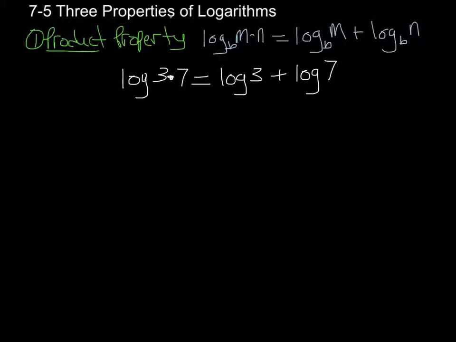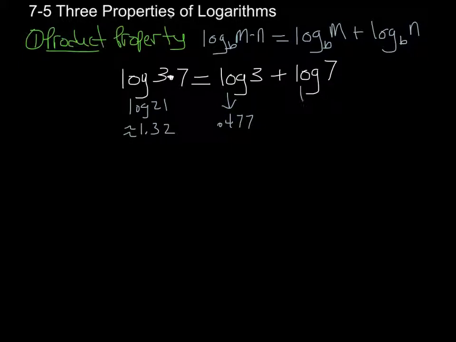And to convince you that that works, if I enter the log of 3 times 7 on my calculator, of course that's really the log of 21, I get approximately 1.32. Now, if I enter the log of 3 on my calculator, I end up with 0.477, and I am rounding off here. It's a much longer decimal than that.